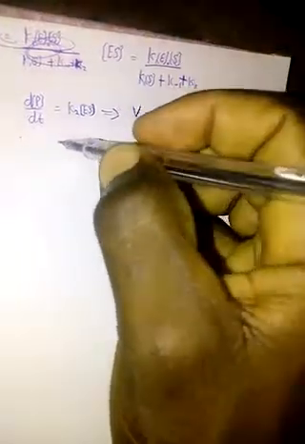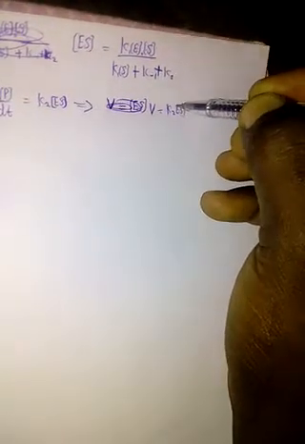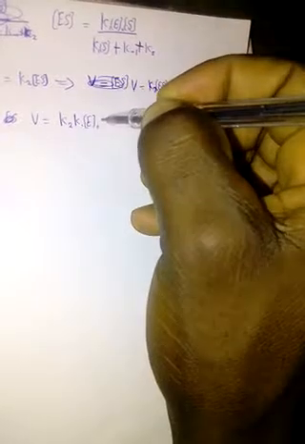Therefore, when I substitute this, V here equals to K2 ES. Since ES equals to this, I can say V equals to K2 times K1 E naught S, multiplication of, all over K1 S plus K minus 1 plus K2.